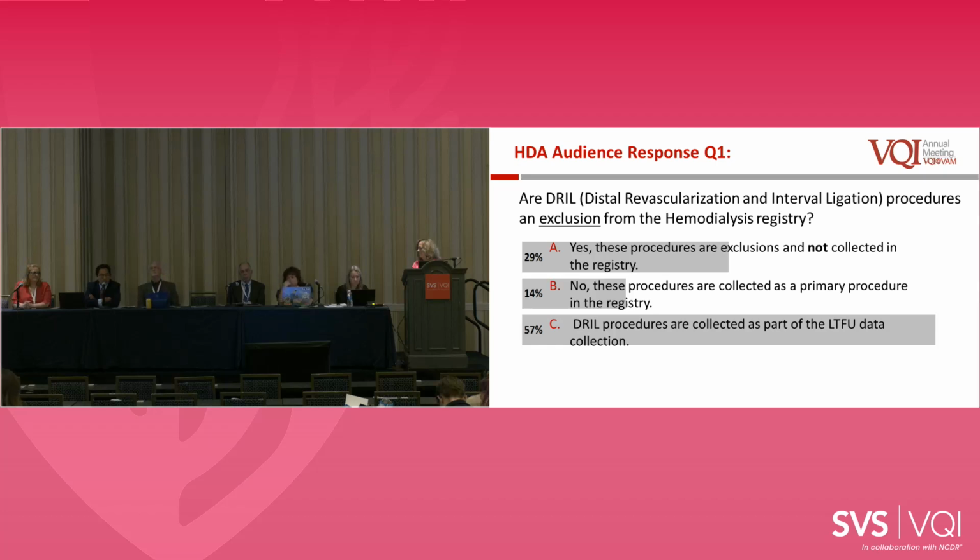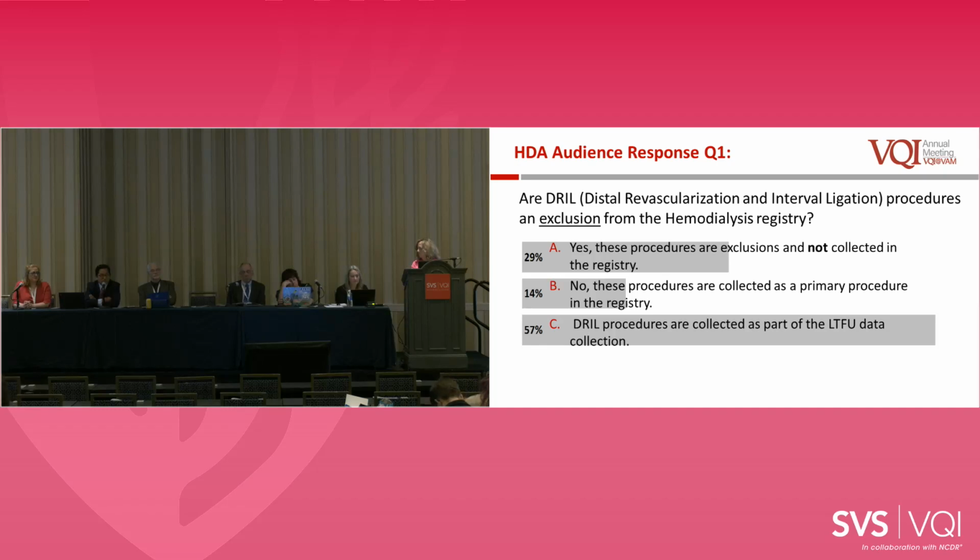It's those two components that are considered part of the procedure. This is not actually a procedure that creates the access. This is typically done after an access is created and is beginning to cause some issues. So that's part of the reason we don't capture this as part of the index procedure, but it's something that is done many times afterwards, or sometimes afterwards if the patient has the right clinical situation.